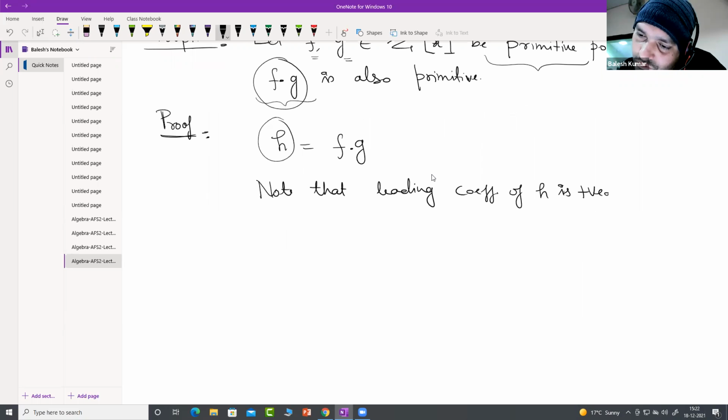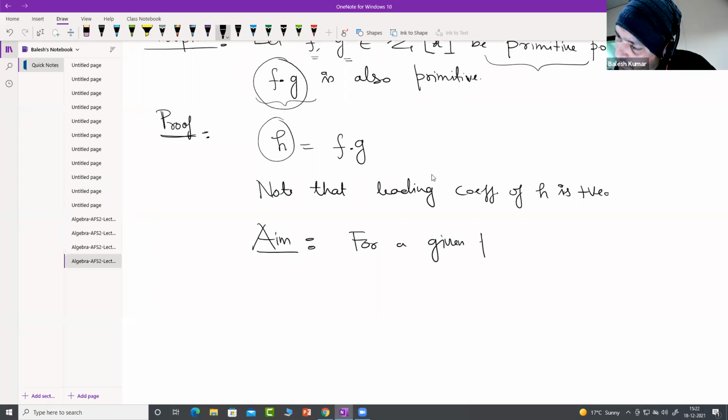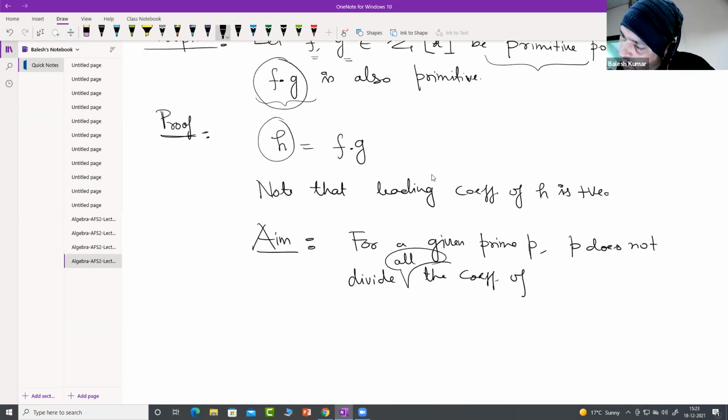So the aim is to show that for a given prime p, p does not divide all the coefficients of h. And how to prove this?